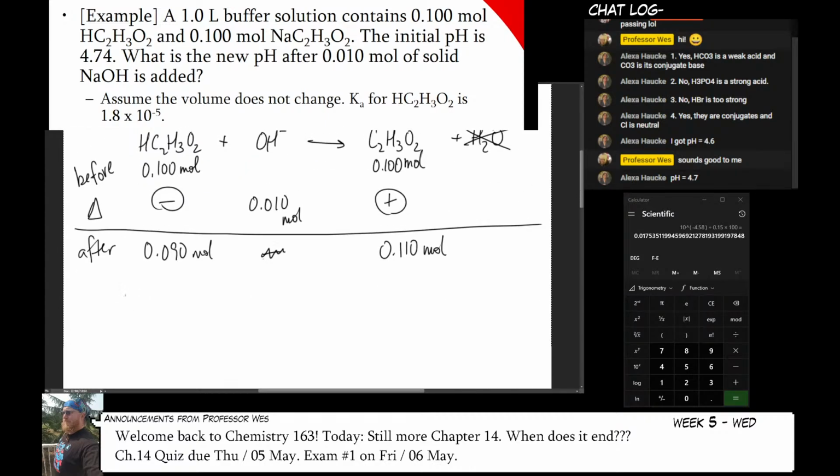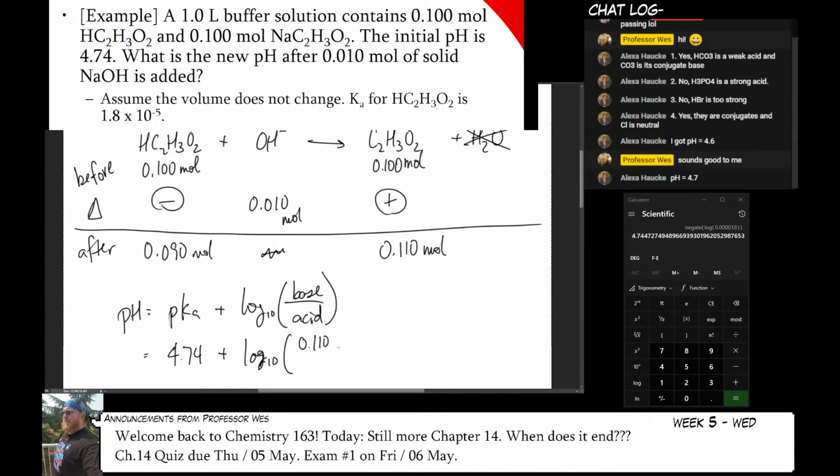So now I can write the Henderson-Hasselbalch equation, which will be pKa plus log of base over acid. Ka is 1.8 times 10 to the minus 5. So pKa is 4.74 plus log of the base, so that's 0.110, divided by the acid, which is 0.090.